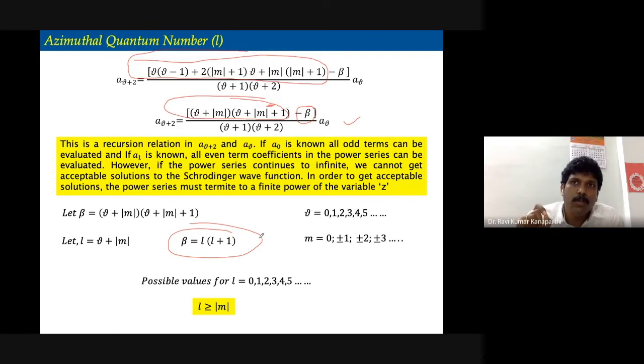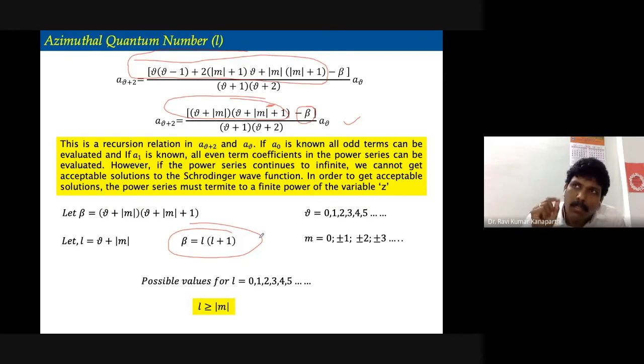Nu is a variable which represents the coefficient of the terms in the infinite power series, that is g of z is equal to a naught plus a1 plus a2, and so on we have written. So a1, a2, a3, and then the general term is a nu. That means the minimum value for nu can be taken to be 0, and then the maximum can be infinity.